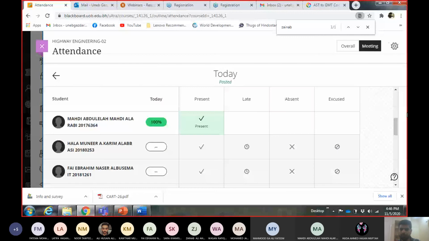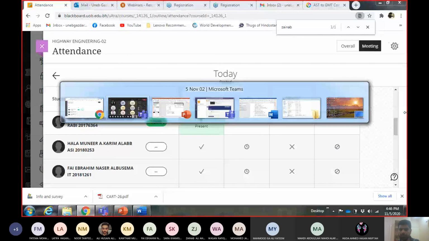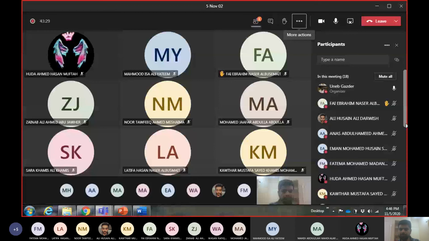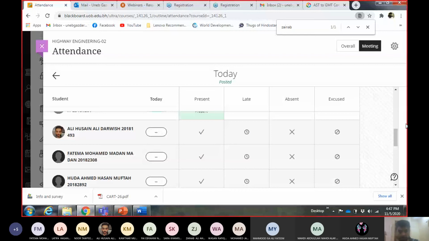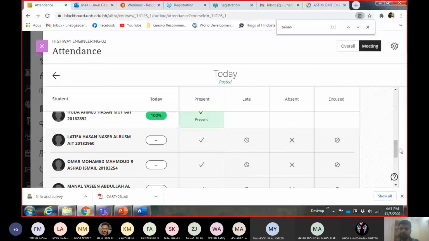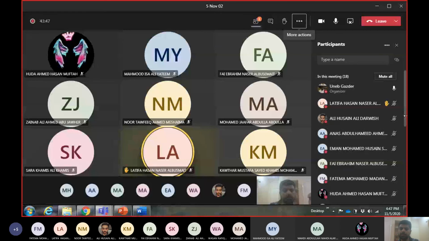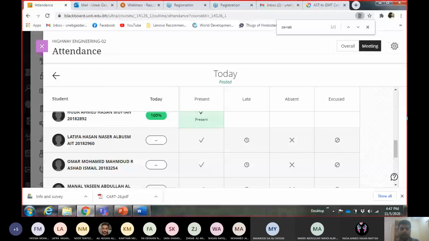Faye Ibrahim. Ali Hussain. Fatma Muhammad. Huda Ahmad. Huda is there. Latifa Hassan. Umar Muhammad. Manal Yasin. Manal is here.